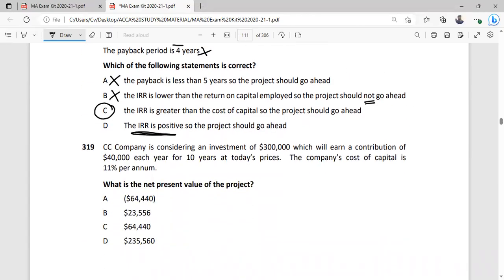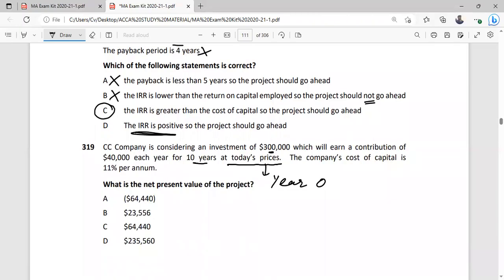Next one: CC company is considering an investment of 300,000 which will earn a contribution of 40,000 each year for 10 years at today's price. Today's means year zero. The company's cost of capital is 11% per year. So the initial investment is 300,000.